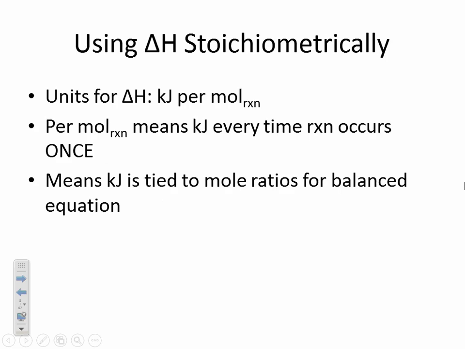So some reminders. We mentioned this in class, but this is very important for this particular use of enthalpy. The units on delta H, even if they aren't written as such, are always going to be kilojoules per mole of reaction. That per mole of reaction means that whenever a chemical equation is shown with a delta H next to it, that value of heat is how much heat is either produced or consumed every time the reaction occurs once as written.